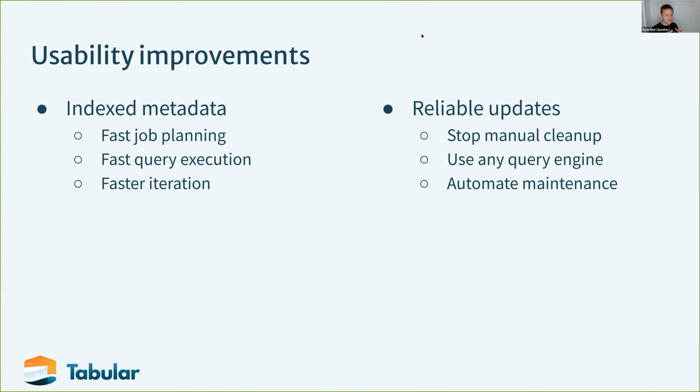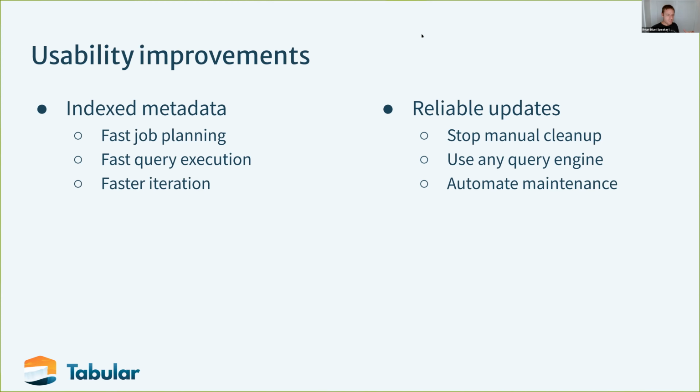If something doesn't work, you're not cleaning things up by restoring objects in S3 and trying to figure out what was the state of this table before we ran this operation that just deleted stuff and then hoped the write would succeed. So that's one aspect of it.